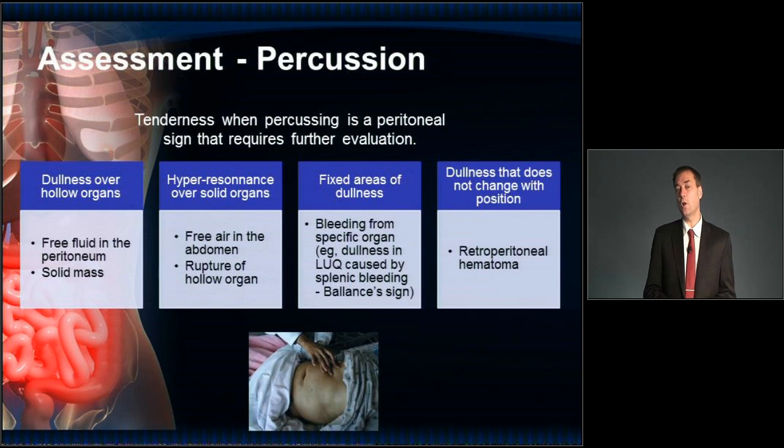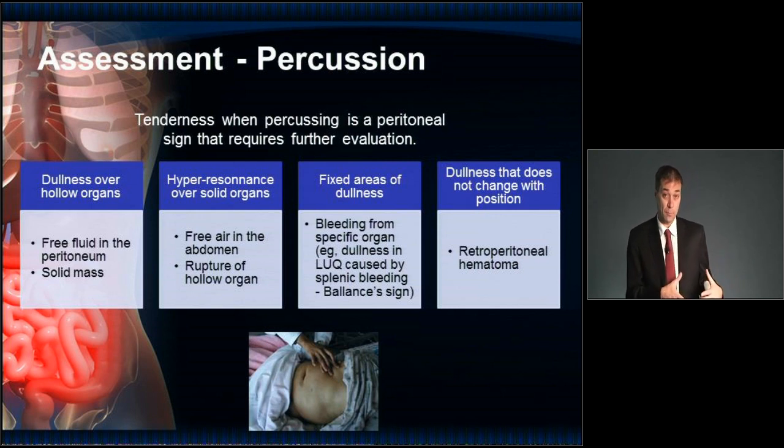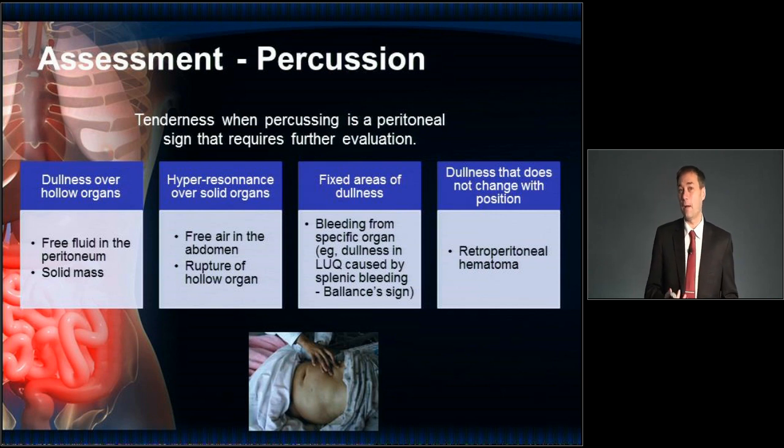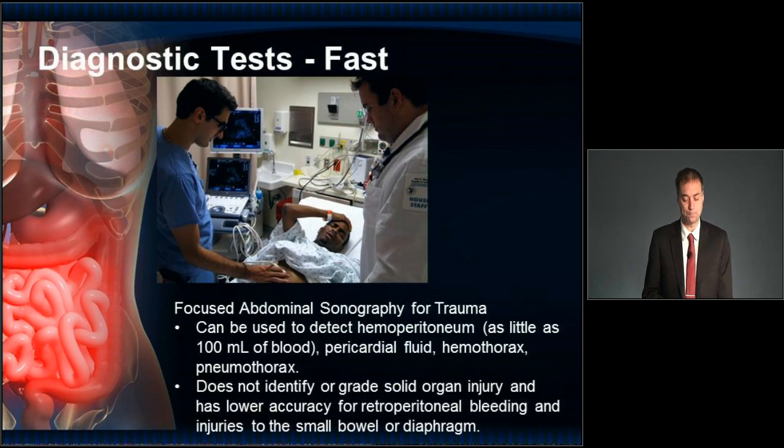We use what's called Ballance sign, and you can use percussion over the left upper quadrant, and you measure the inches of dullness to percussion in the left upper quadrant, and that would give you the size of the hematoma and the degree of bleeding from the spleen. It's called Ballance sign. And then dullness that does not change when the patient changes position is an indication of a retroperitoneal hematoma. So those are some of your findings with percussion.